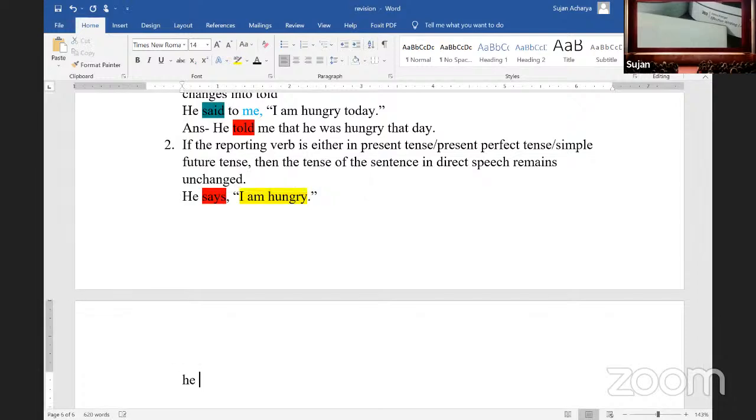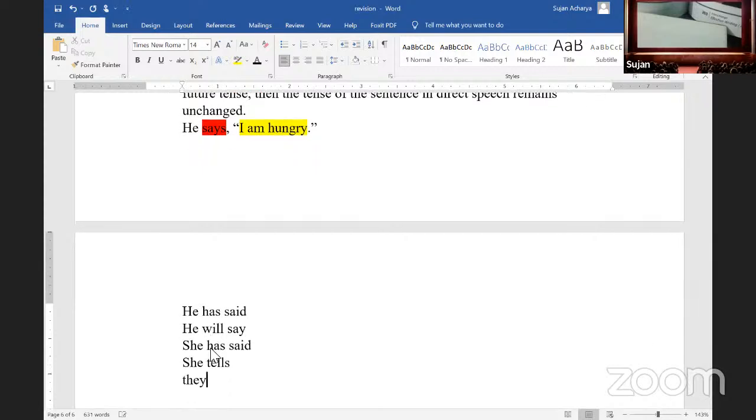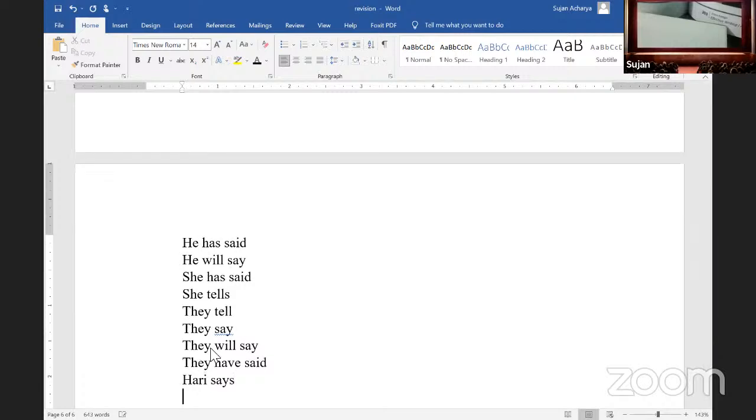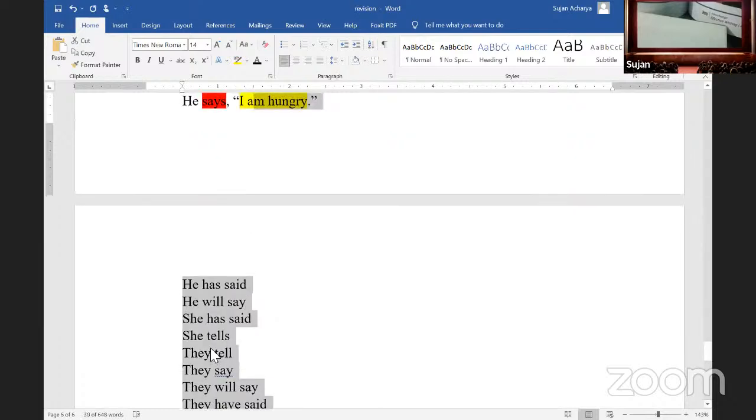Just like he has said, he will say, she has said, she tells, they tell, they say, they will say, they have said, Hari says, Sita tells, you shall say. If we have these verbs, simple present, present perfect, or sometimes present continuous also, or simple future, then there is no change in the tense of the direct speech. We don't change the tense of the sentence in direct speech.